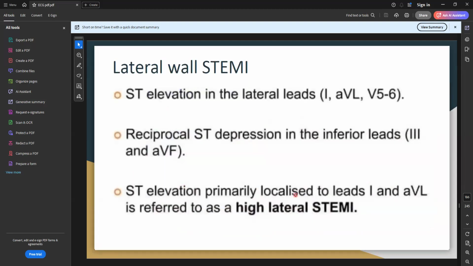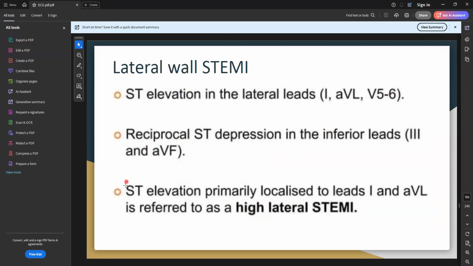Coming to the lateral wall STEMI. In this lateral wall STEMI, you will see ST elevation in the lateral leads, that is lead 1, AVL and V5 to V6. At the same time, you will find reciprocal ST depression in the inferior leads, that is lead 3 and AVF.